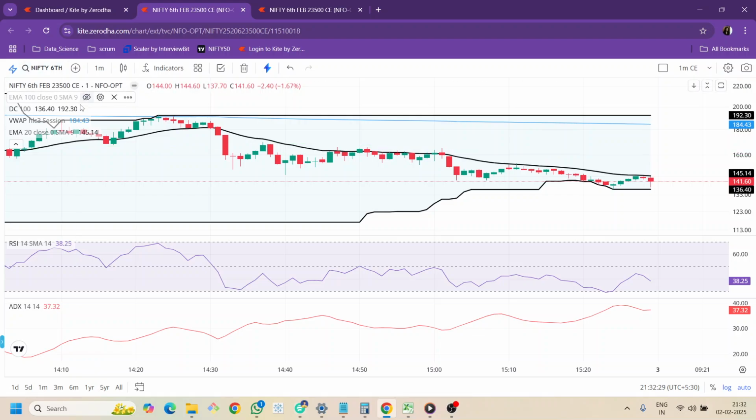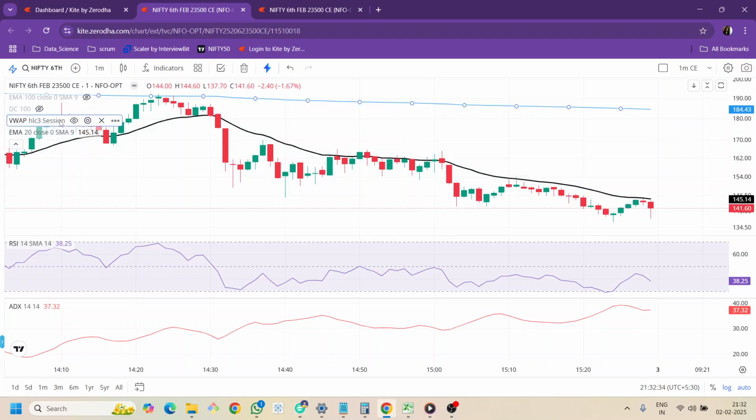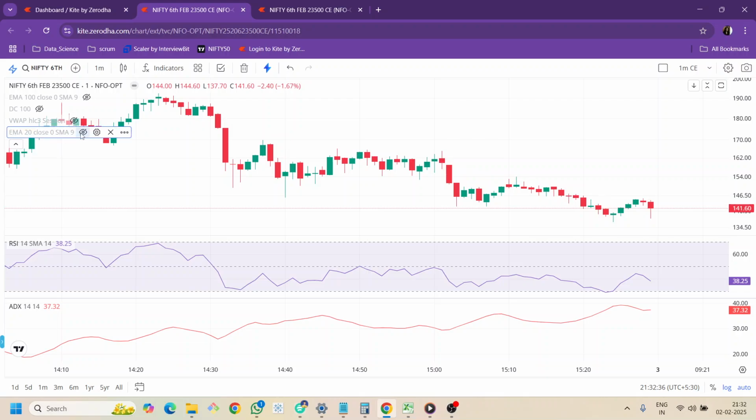First, when you do this in your system, the candle looks like this. You see? Looking at this candle, you don't know where to enter, correct? If I put some indicators, you can understand where you're supposed to enter.